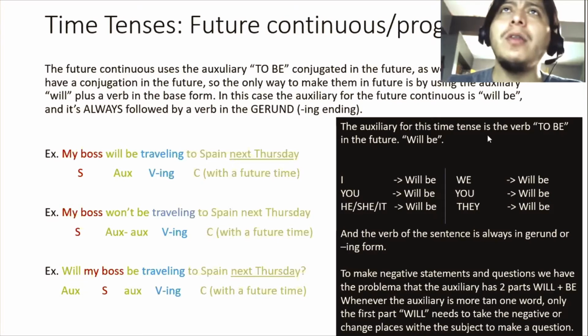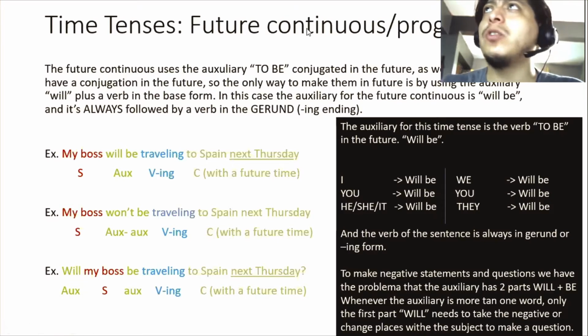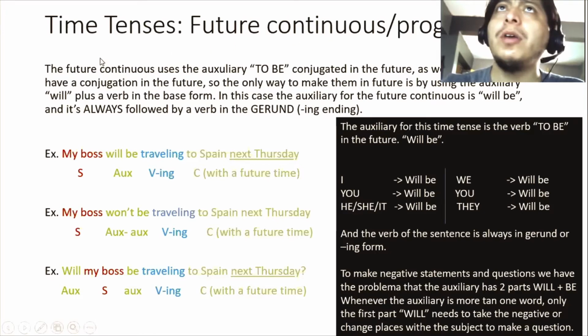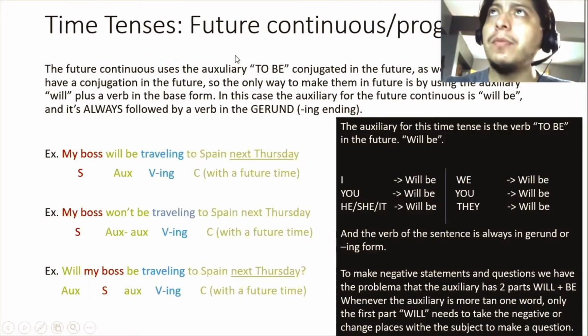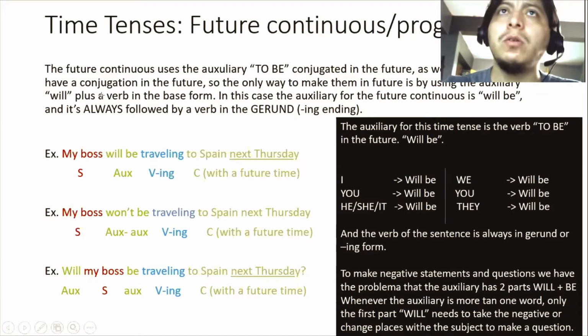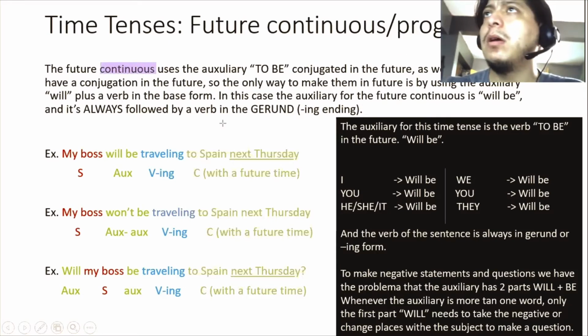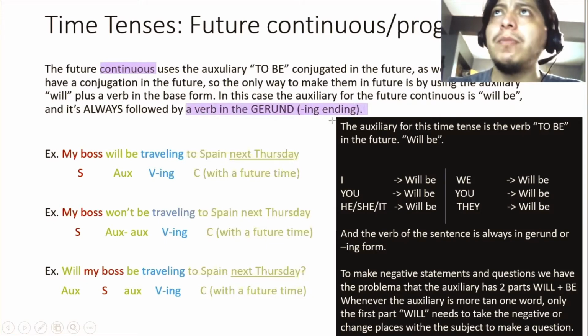It says the future continuous uses the auxiliary to be. Again, when you're using the continuous time tenses, it means that the verb is always in gerund, and the auxiliary is always the auxiliary to be.